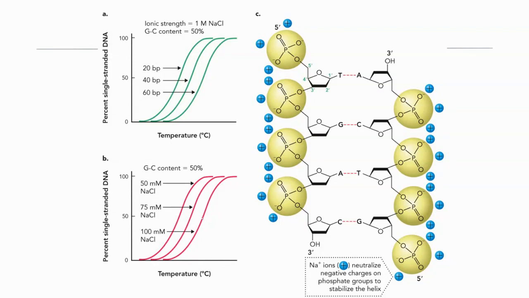This is because the sodium ion is positive and the DNA is negative, so the sodium ion can neutralize the negative charge on the phosphate group to stabilize the helix. So that's why if you incubate the DNA in a higher concentration of sodium chloride, the melting temperature also increases.